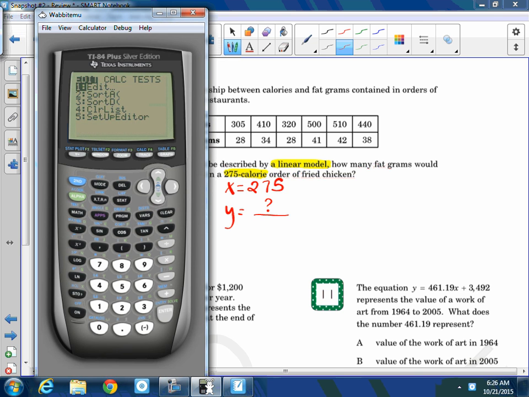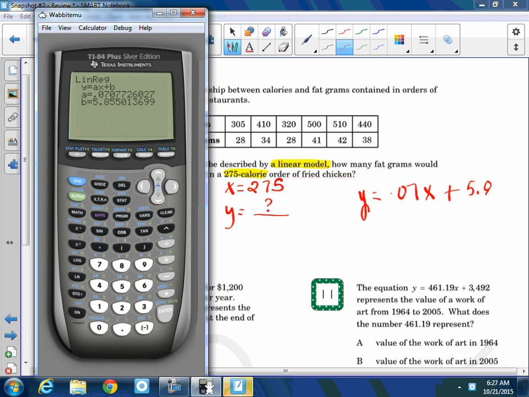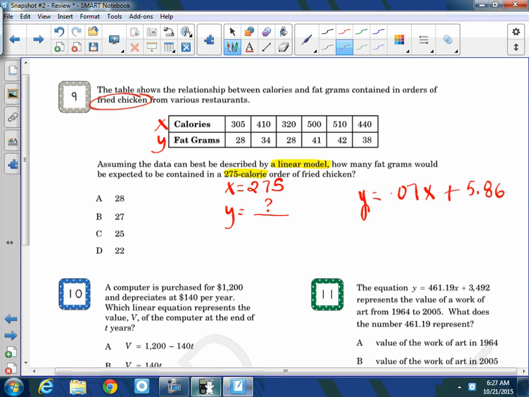I'm going to go ahead and do the regression of the line. And it comes up as Y equals 0.07X plus 5.86. All right. After I've done that, then I need to go ahead and plug in the value of X in the equation so that I can figure out what Y is.